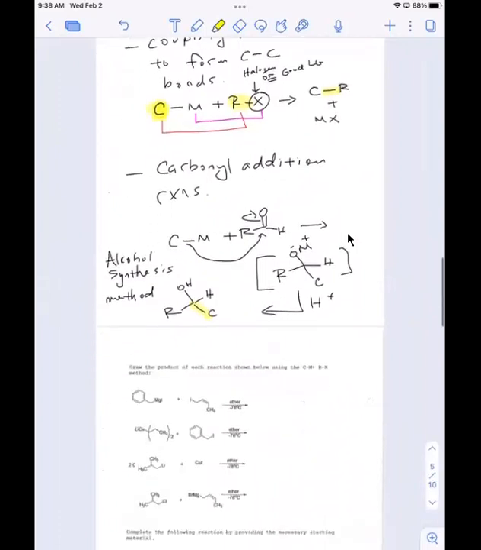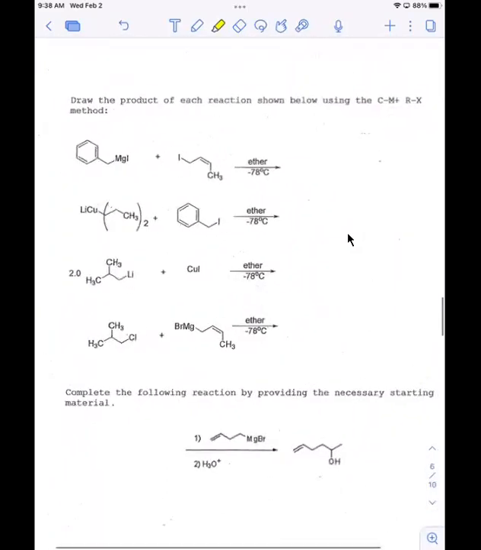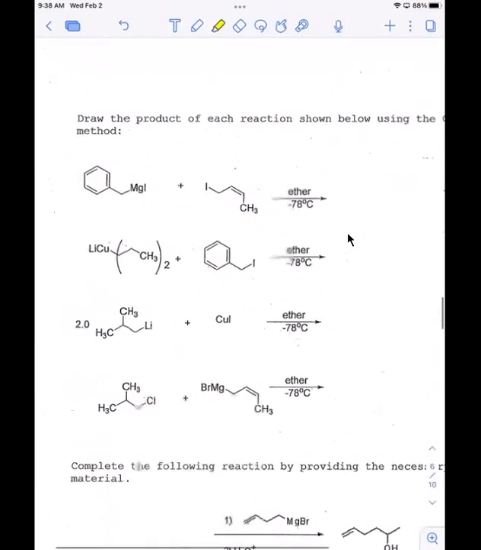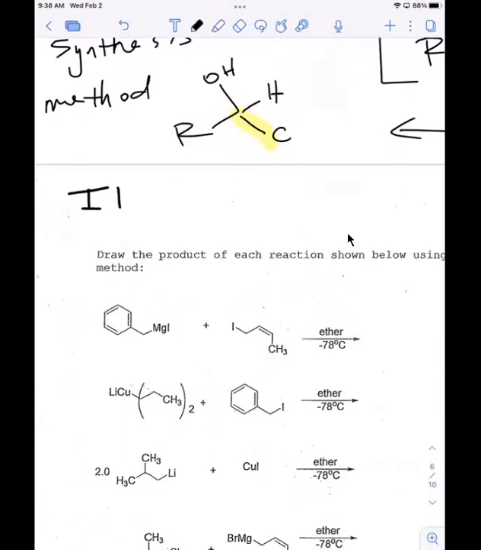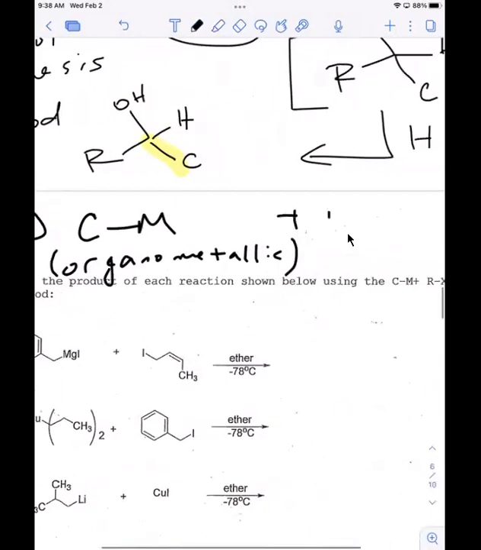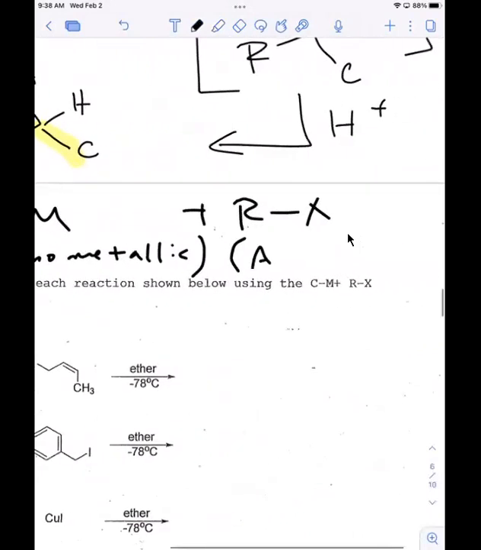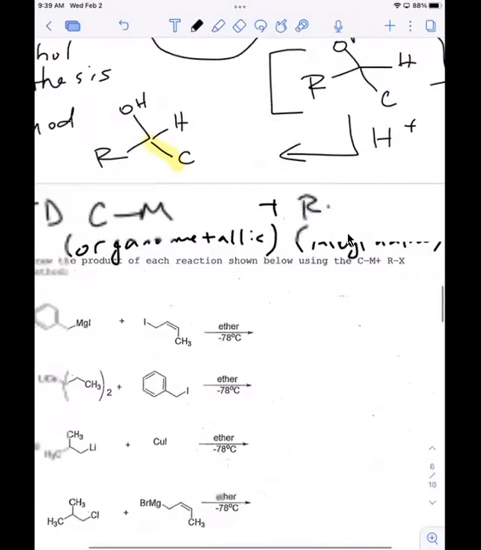All right, so let's look at a real example. For these examples, the strategy is to identify your organometallic, or CM, and then identify RX, your alkyl halide.